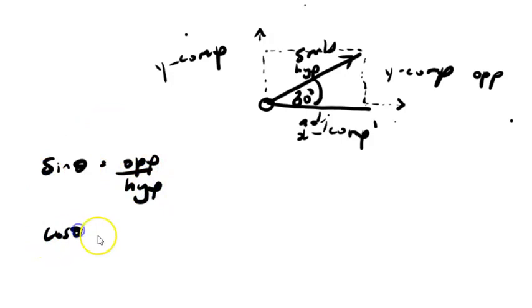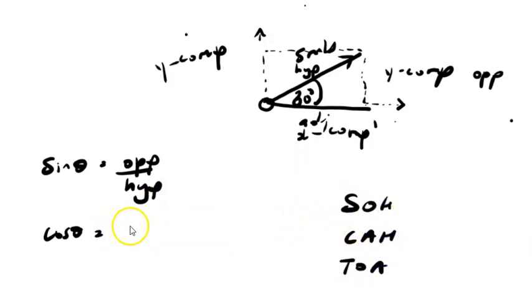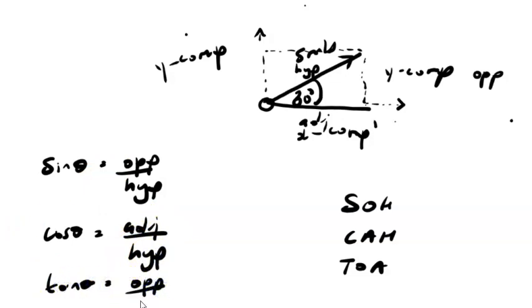We can say cos theta is equal to adjacent over hypotenuse, and tan theta is equal to opposite over adjacent. Those are what we'll be using in order to figure out how we arrive at the x component and y component.